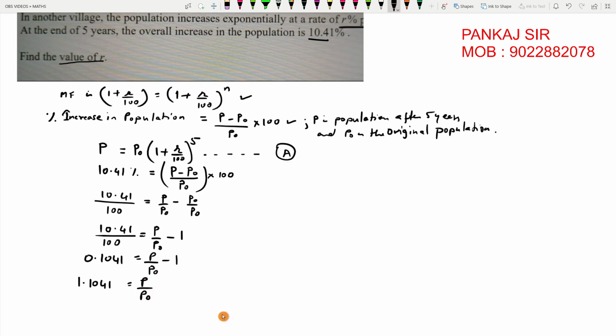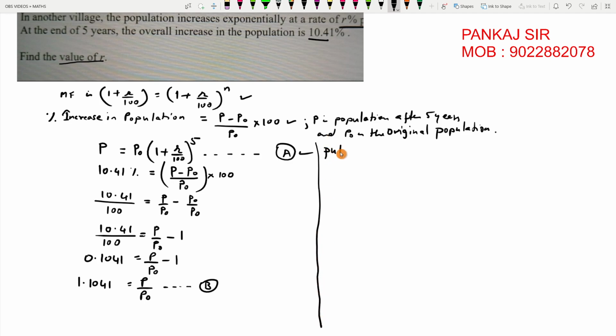Okay, now what I'll do is I'm going to substitute the equation A. Okay, so P is equal to P naught into 1 plus R upon 100 whole raised to 5. This I'm going to put in this formula, that is in B. Right. So let me use this space.